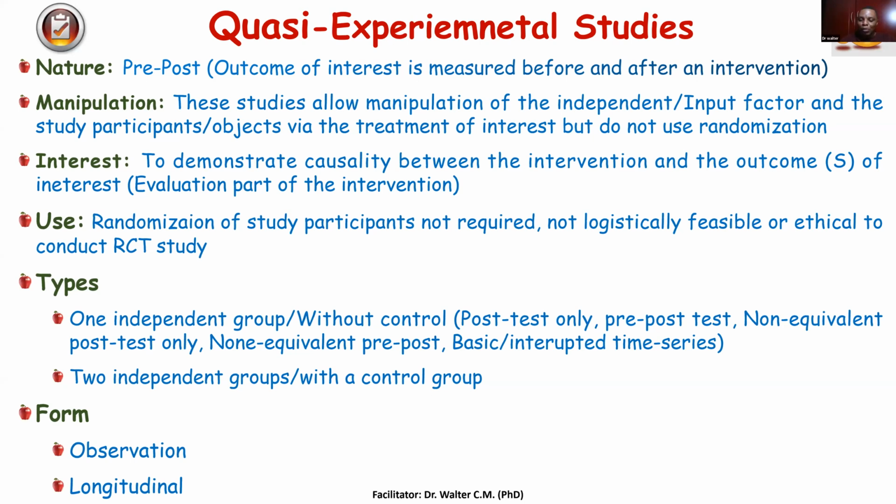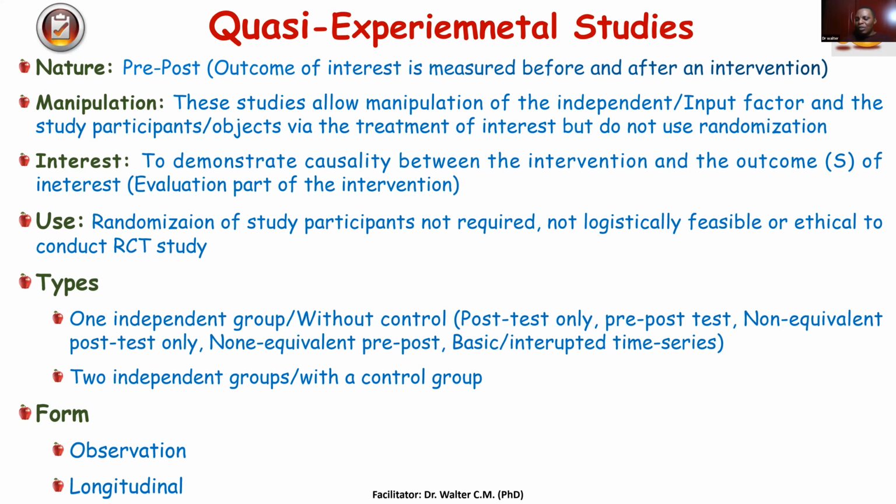If you have an input factor which, if you administer it to participants in the intervention arm, may favor them and leave those in the control without benefiting from the independent variable, whether the training package or the drug that you give the intervention group, they are healed.